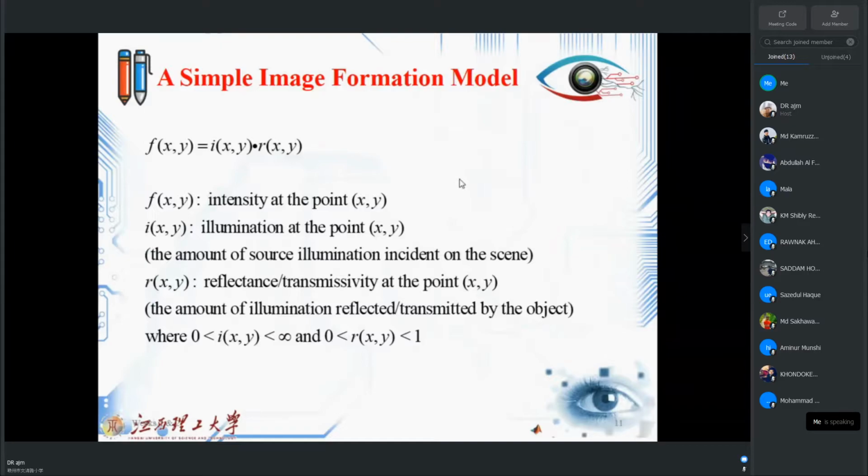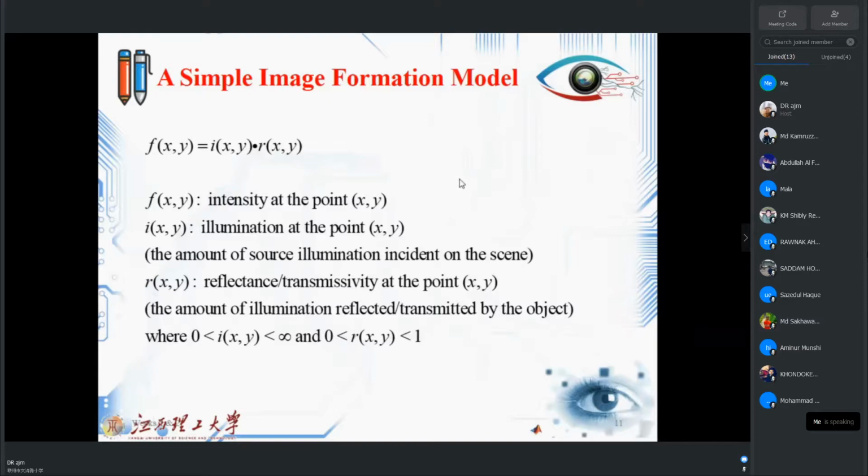Please keep the concept of a matrix for any image. You will see that this equation is presented by illumination as i, meaning illumination at any point of x and y, or the amount of source illumination incident on the scene.